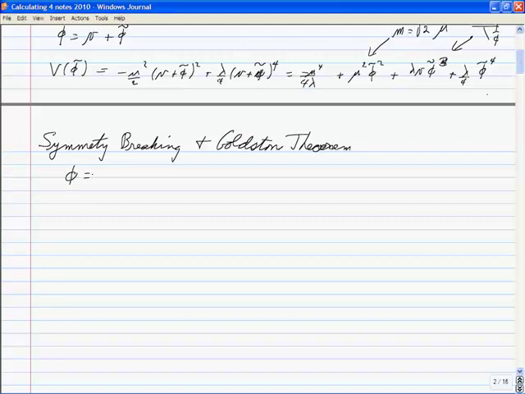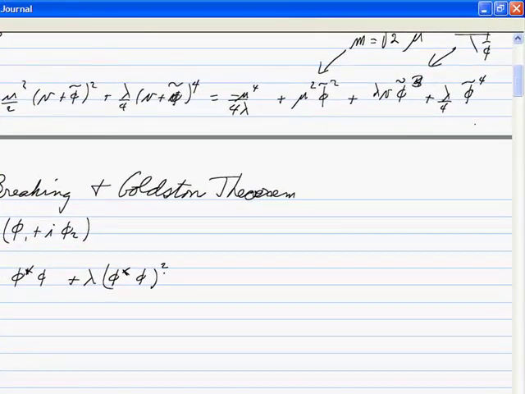I'm going to say that phi is now a complex scalar field, so it's going to be 1 over the square root of 2 times phi 1 plus i phi 2. And V is going to be minus mu squared phi star phi plus lambda times phi star phi squared.